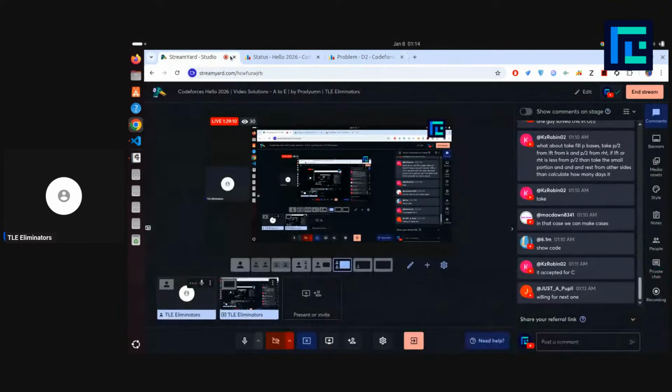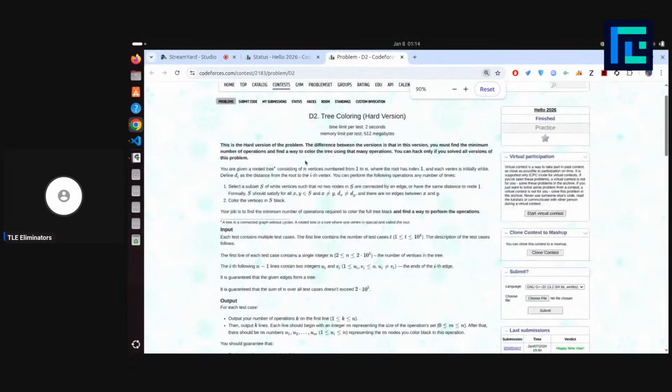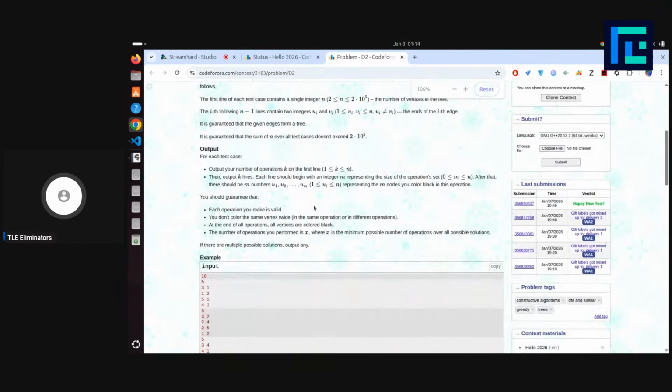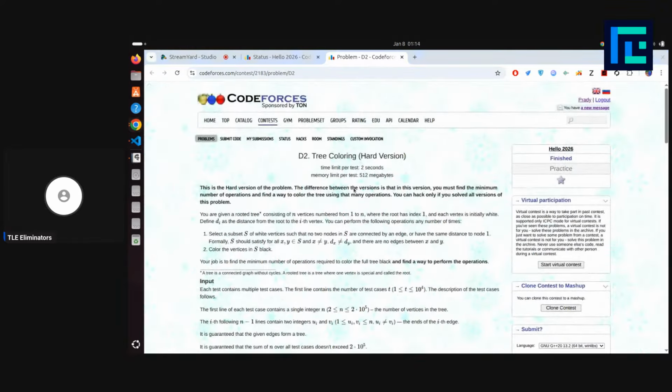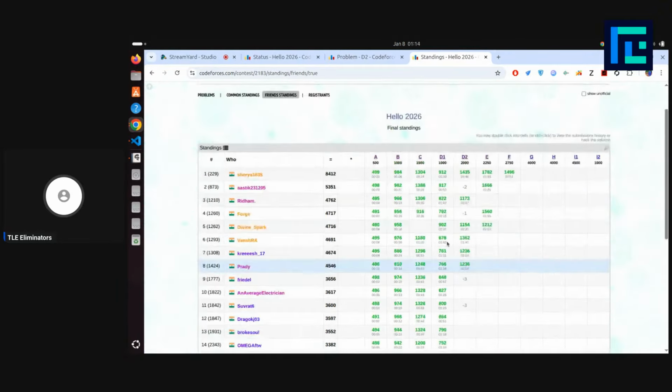Okay. So this is the problem, and it's not very hard, even though I got one wrong answer. According to the number of solves on this one, the problem is not that hard, if I be honest.